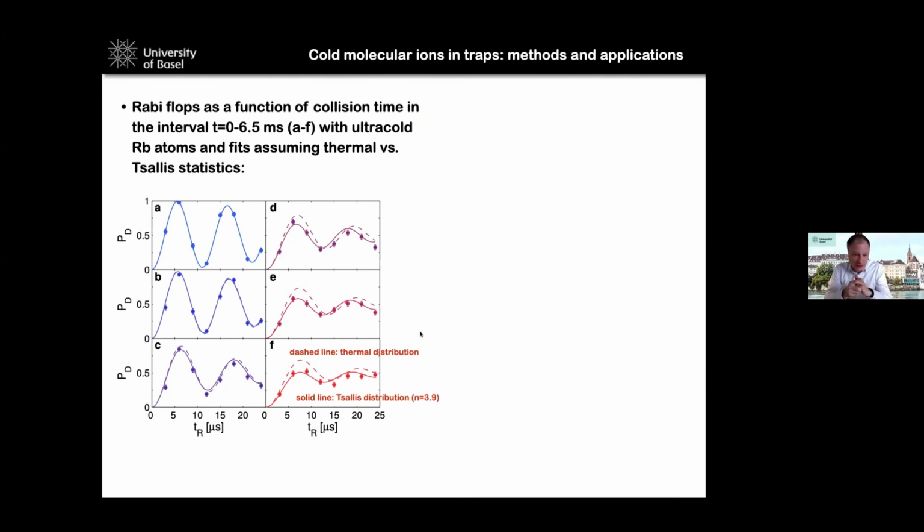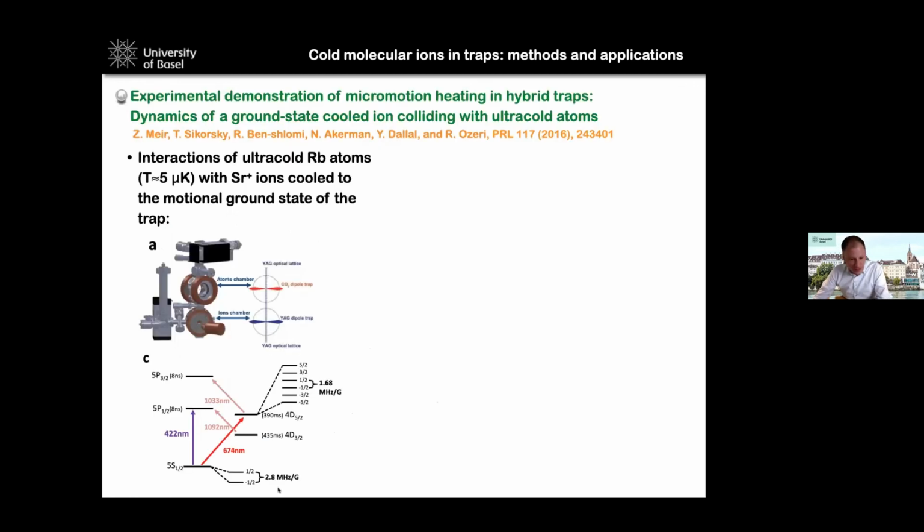determine, temperature is a bad word to use here, but they would essentially map out the energy distribution, the kinetic energy distribution of the ion in the trap. And they were doing this by Rabi thermometry on a quadrupole transition in the strontium ion.